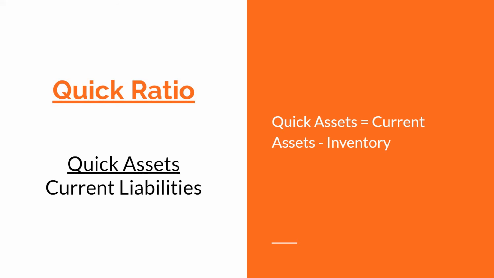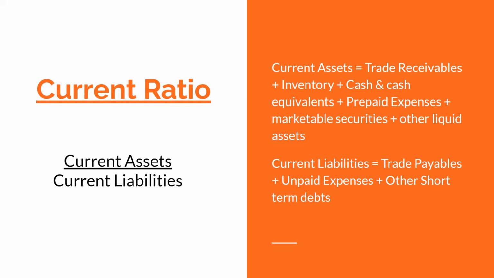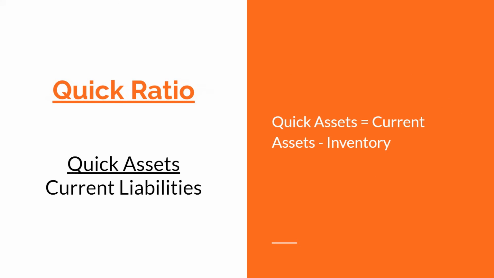So now you will have a ratio of 5,000 divided by 5,000, which equals 1:1. So the current ratio was 2:1, but your quick ratio is 1:1. It gives a better idea of how liquid you are, how immediately you can pay your short-term debts, that is, current liabilities. So this is a great idea.